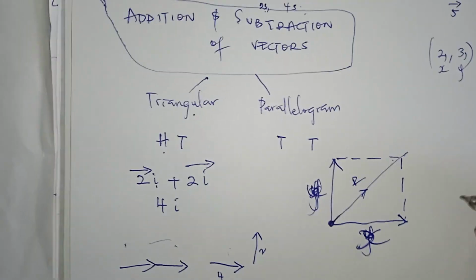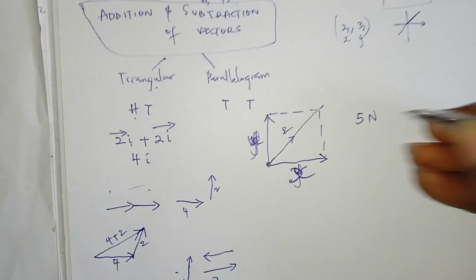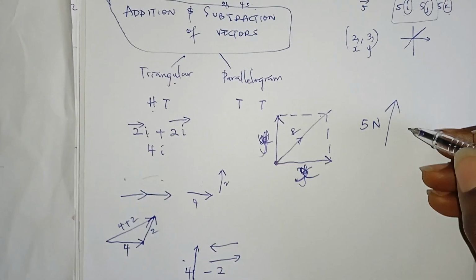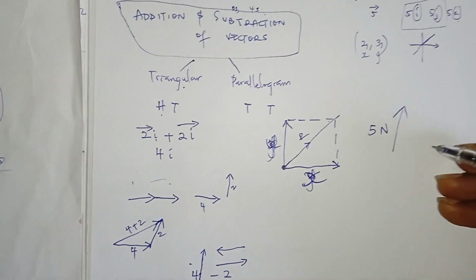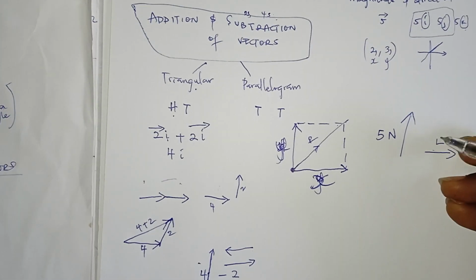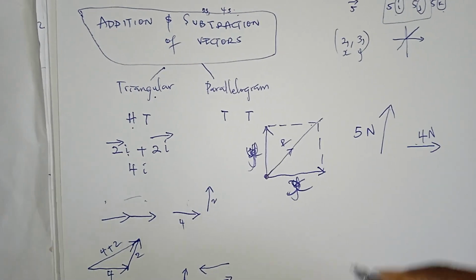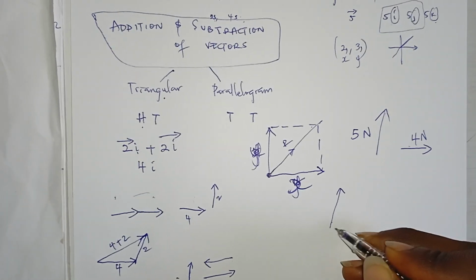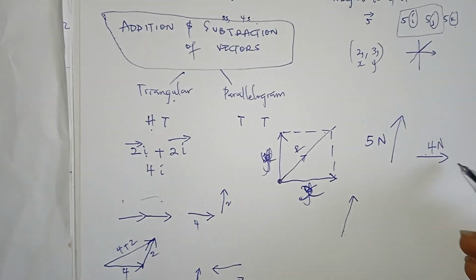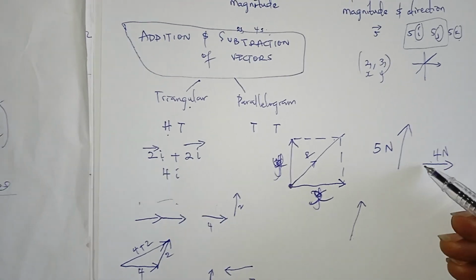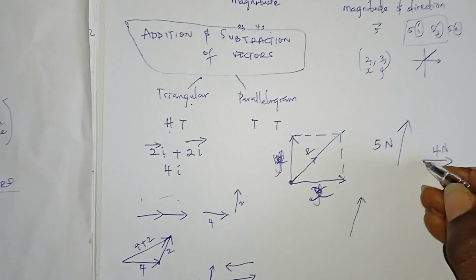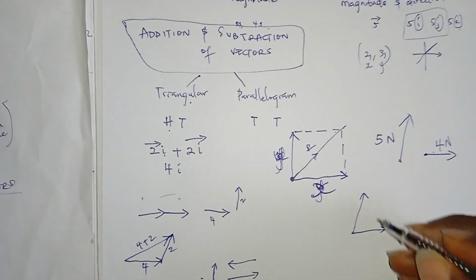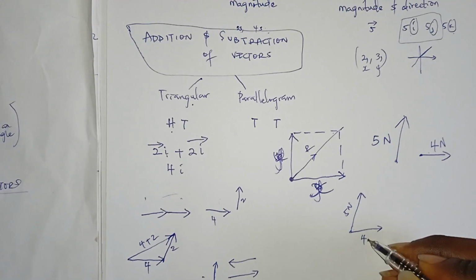So if I have a force, let's say 5 Newton going at an angle, and I have another one, 4 Newton going horizontally, the parallelogram law is saying that I should bring the 5 Newton that is going at an angle, then bring my 4 Newton in such a way. Notice that in the triangular law, I'll come and carry this tail and put it on the head. But in the parallelogram law, it's saying that you should bring the tails and join. And when you join it, this is now your 5 Newton, this is now your 4 Newton.